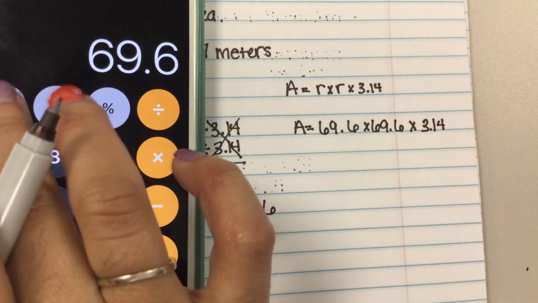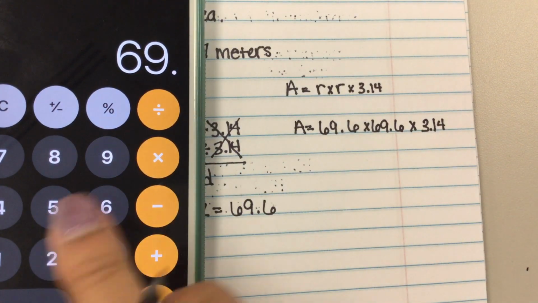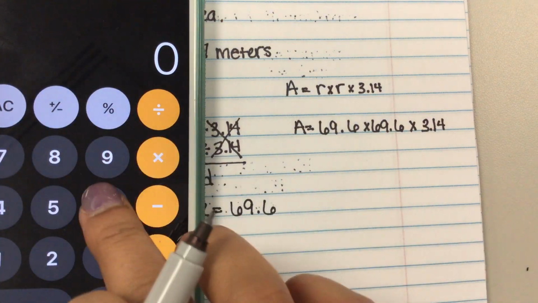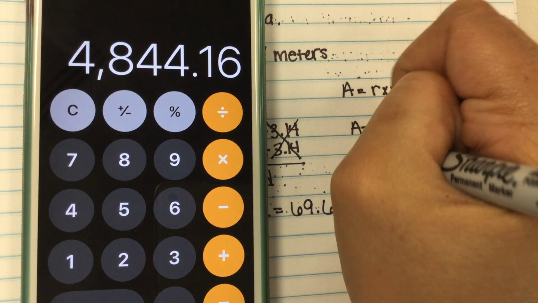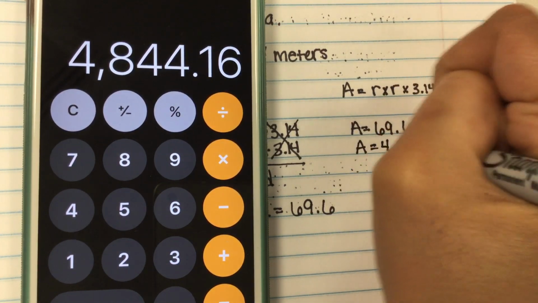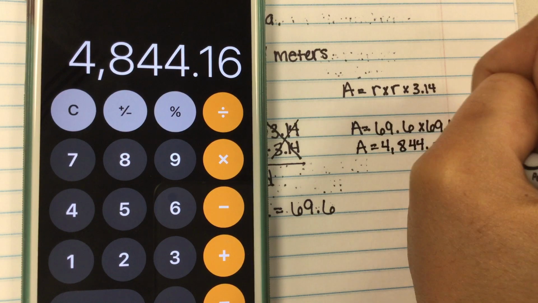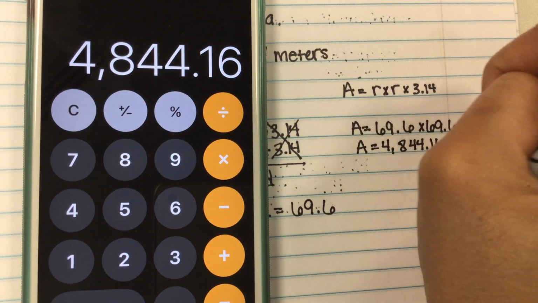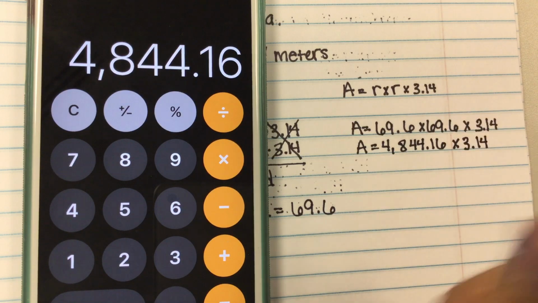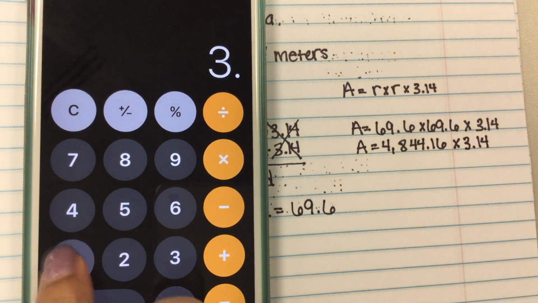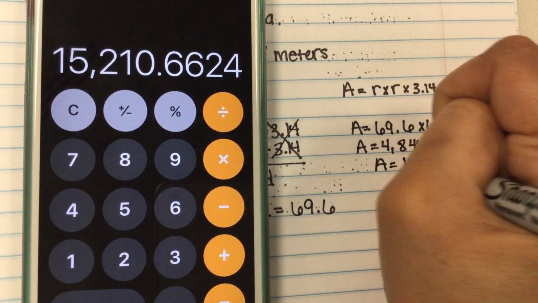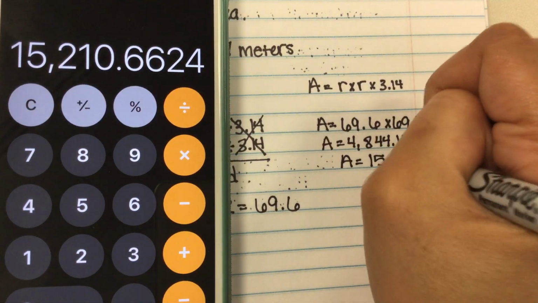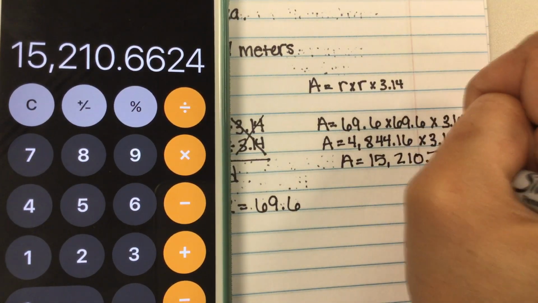Okay, so 69.6 times 69.6 equals, big number here, 4,844.16. We still need to multiply that times pi, so times 3.14, and that gives us an area of 15,210.7.